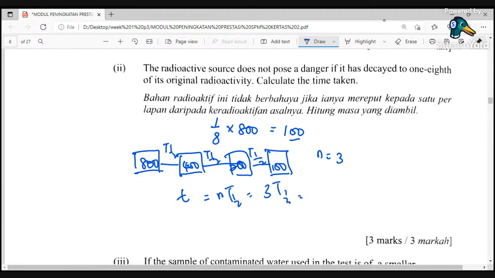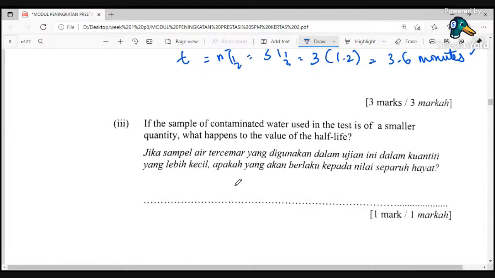Half-life already calculated as 1.2 on the graph. So the answer is 3.6 minutes. So you can leave your answer in minutes unless mentioned here as SI unit. Okay? Kalau mention SI unit, you kena tukar ke second lah.